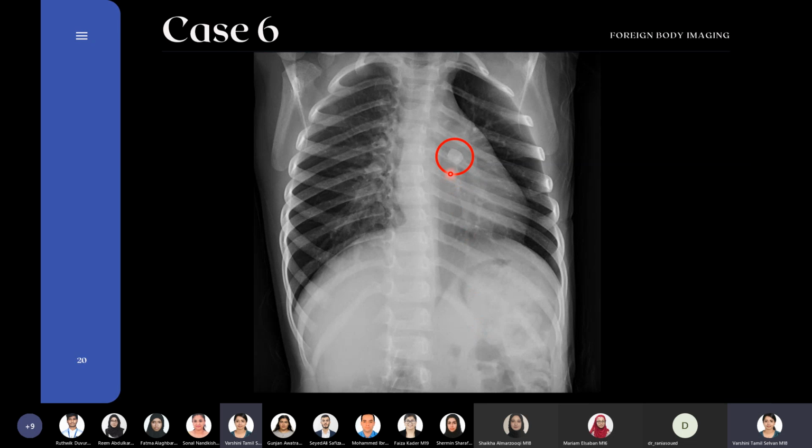It's a radio-opaque stone, and it is in the left hilum of the bronchus, as I said. Any questions so far? Does anyone have any questions? Is it clear? Okay, so I shall take that as a yes, everything's clear.